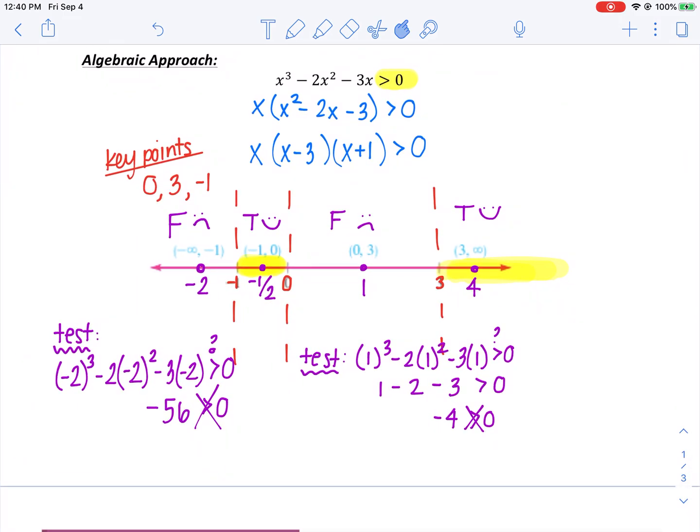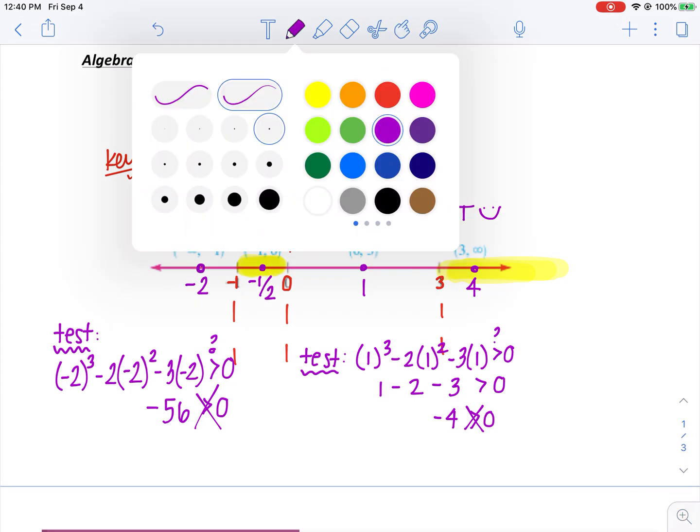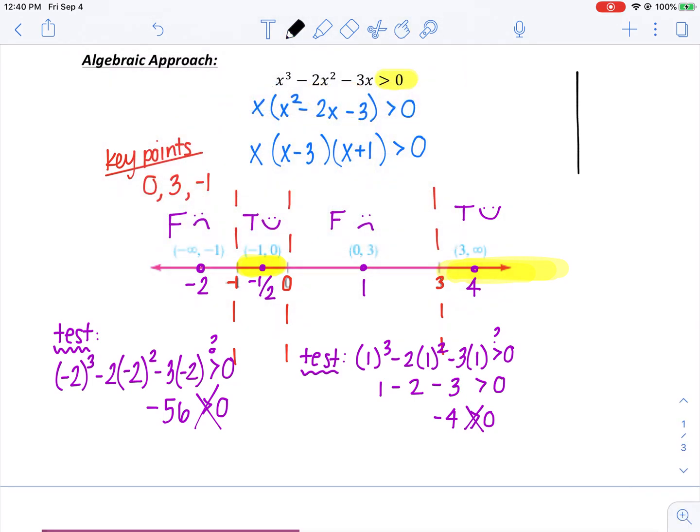Let's do a quick graph of this. I'll do a basic sketch over here. So here's my xy. My key points are -1, 0, and 3. It's going to cross at those 3 points.